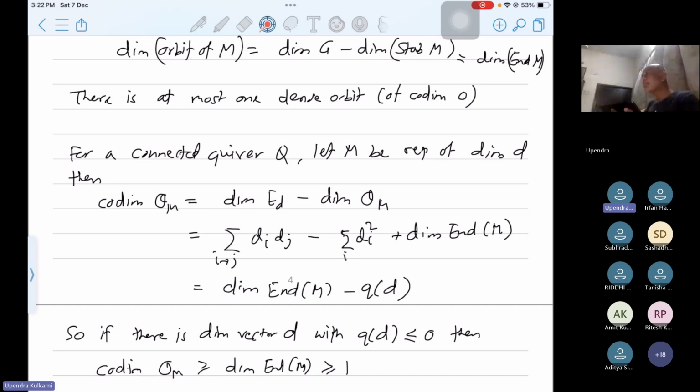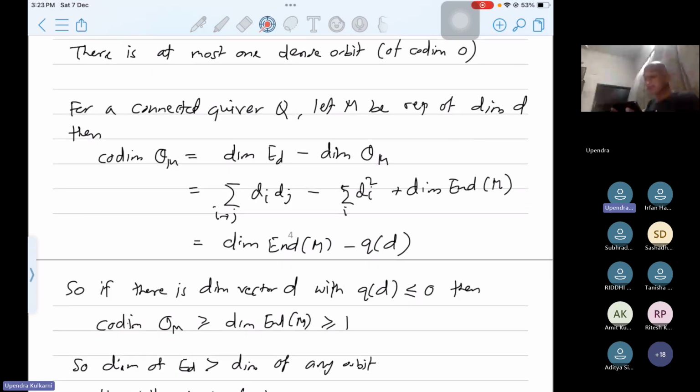And you see, let me complete the proof before seeing the details. If I show that the co-dimension is at least 1, what that tells me is that, the intuition is really in terms of subspaces, if you have this ambient space, and you have these orbits sitting inside, and the dimension of each orbit is strictly less than the dimension of the ambient space, then the ambient space cannot be filled with a finite number of these orbits.